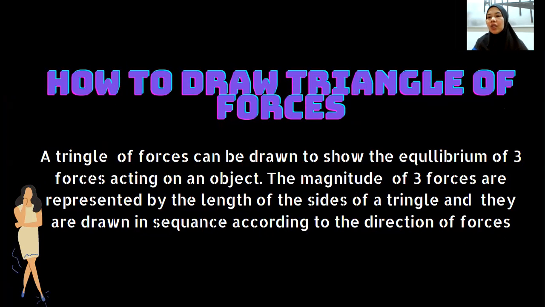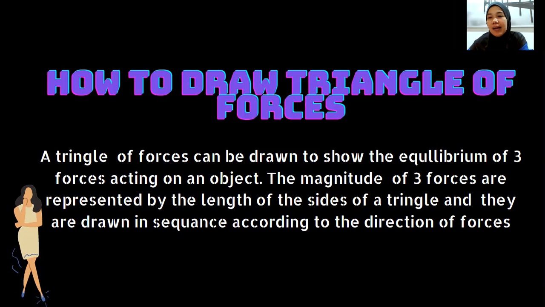We need to make sure the magnitude and direction of the forces follow the scale. You can reduce or increase the scale, but you must not change any direction or magnitude of the forces.